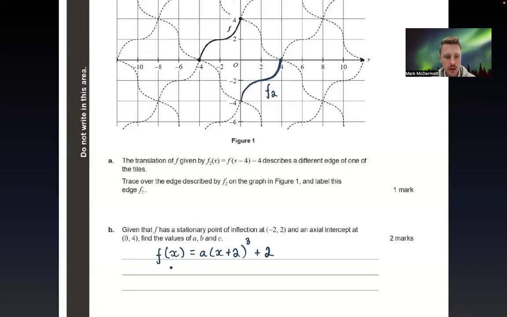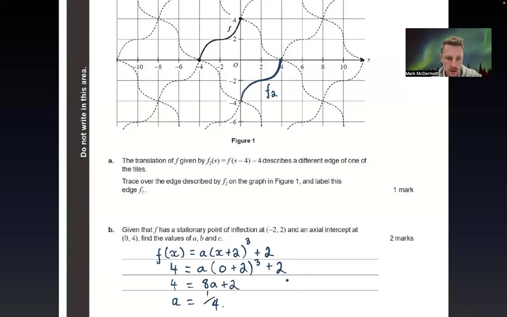And we also know that when f of x equals 4, we get a times 0 plus 2 cubed plus 2. So solving this, we get 4 equals 8a plus 2. So a equals 1/4.